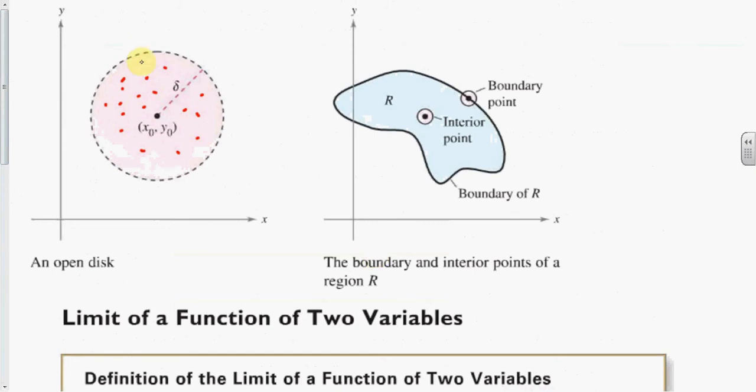We call this boundary with respect to delta some neighborhood, and we're looking at this center point being x naught, y naught, and then we draw some epsilon disk around it, and can we find points within? So here are the boundary and interior points of a region R.